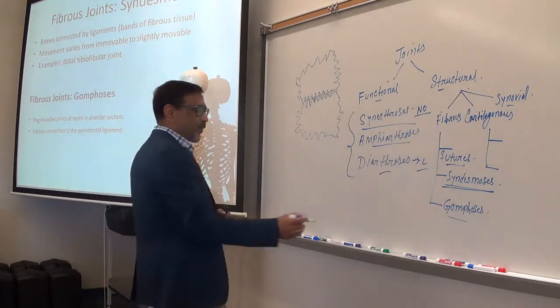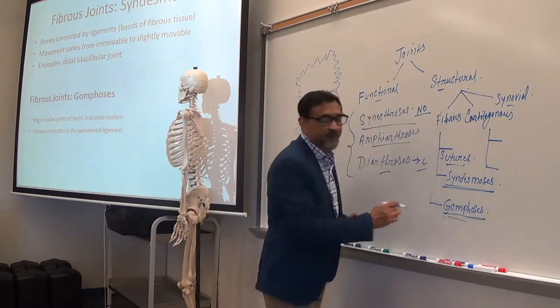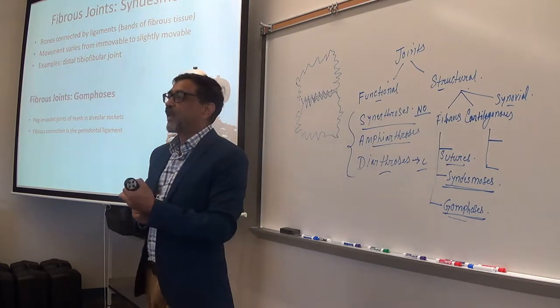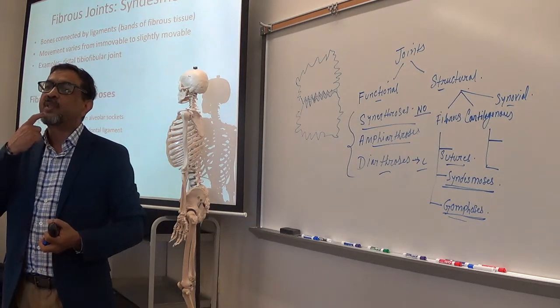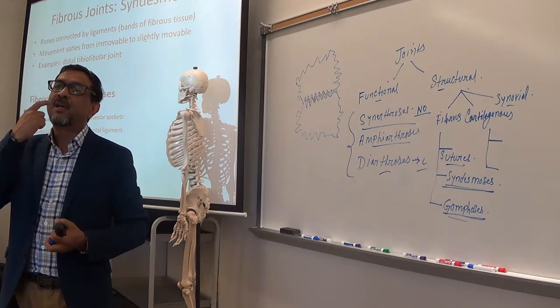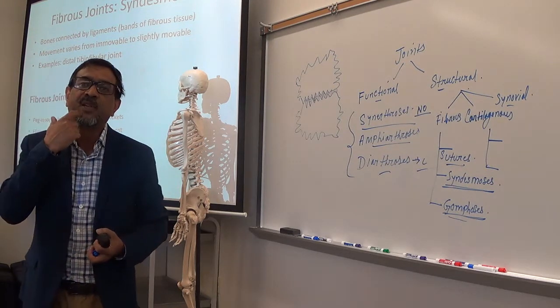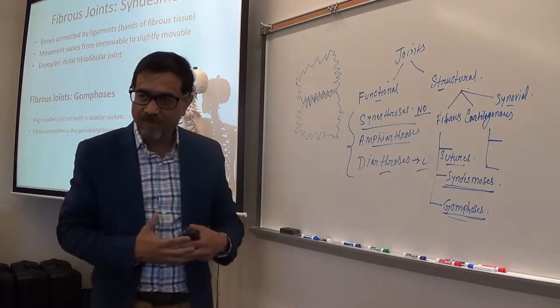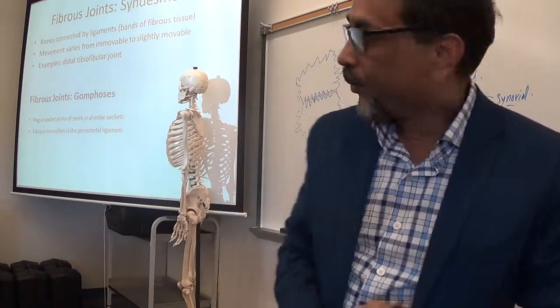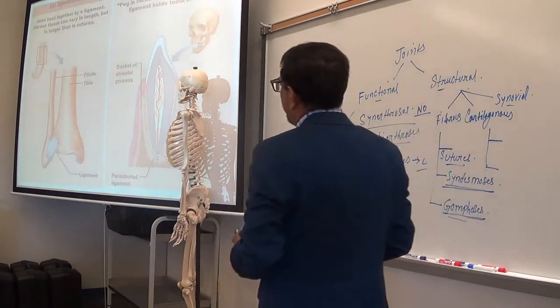And gomphoses. Gomphoses are the joints between the jaw bones and teeth. So teeth articulate with the jaw bones, like mandible and maxilla, by gomphoses type joint. So those are three types of fibrous joints.